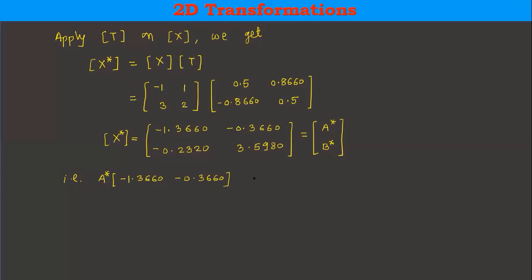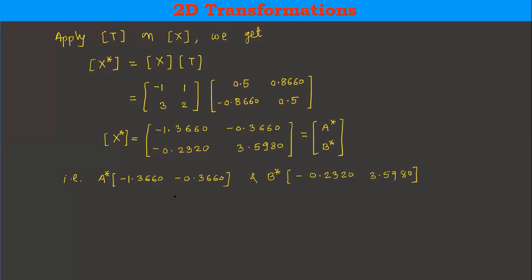And B star, what is B star? B star is minus 0.2320 and 3.5980. Okay, so this is the transformed segment A star B star.